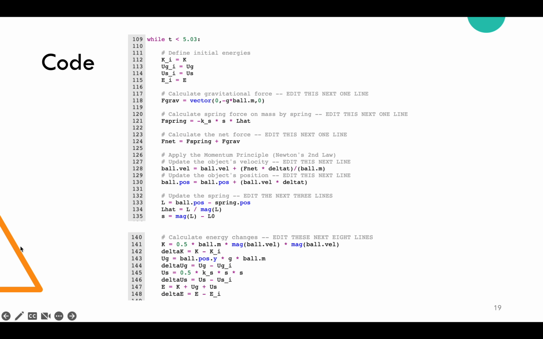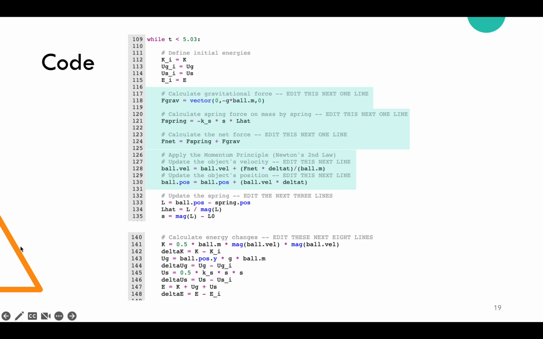And then in the second section of code for the while loop, I imported the formula for Fgrav, which is just negative mg in vector form, and then the spring formula, and I combined those two forces into net force.